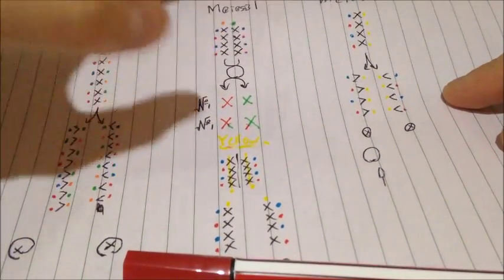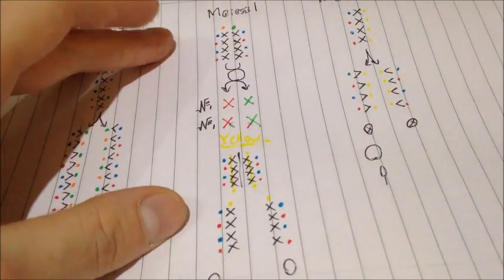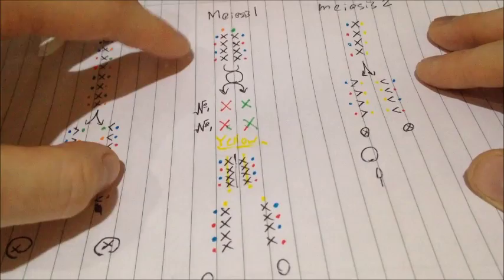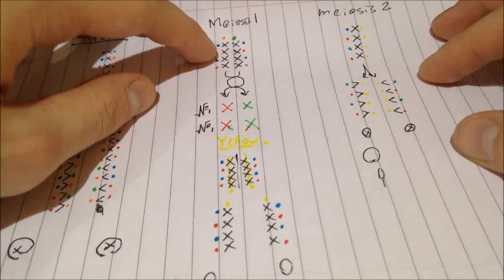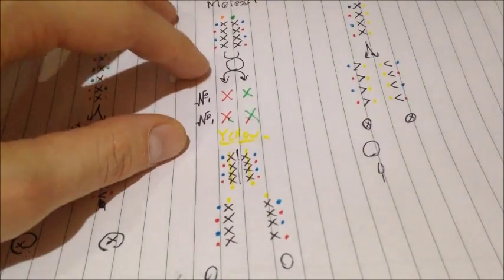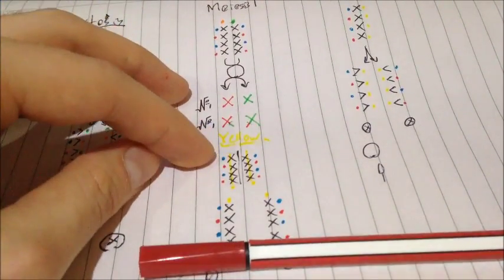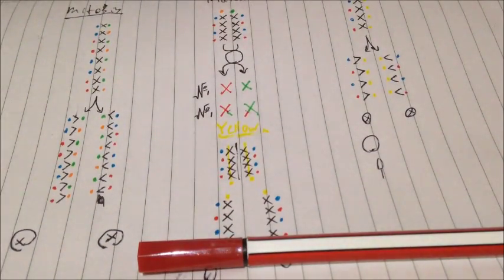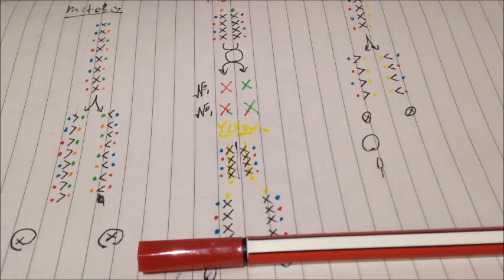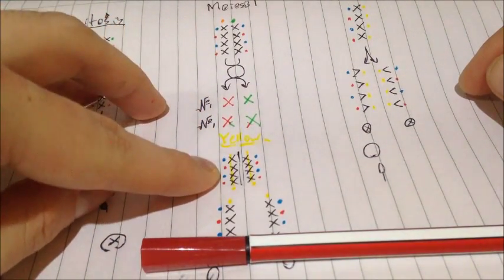In meiosis 1, the most important stage of meiosis, if you understand this, you will understand everything about meiosis. In meiosis 1, they line up in pairs. Then those pairs get crossed over and you make some magical chemistry, which means that you have completely new alleles and completely new combinations of genes in each of those chromosomes.